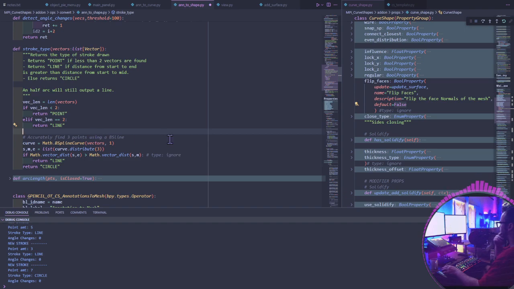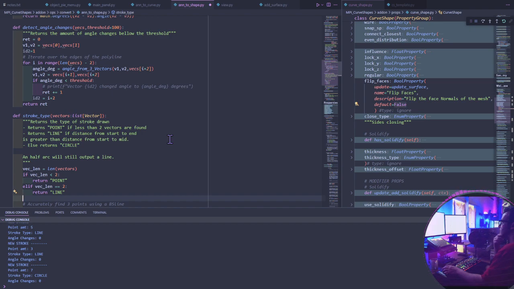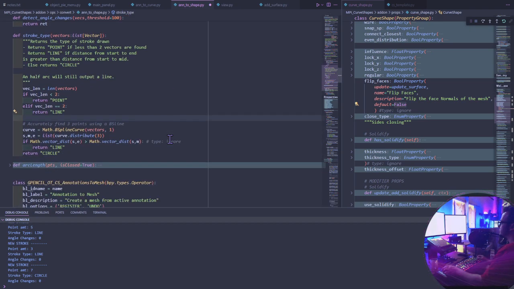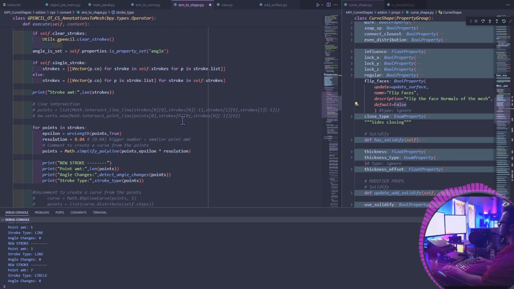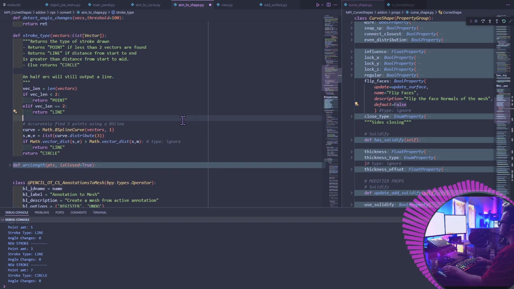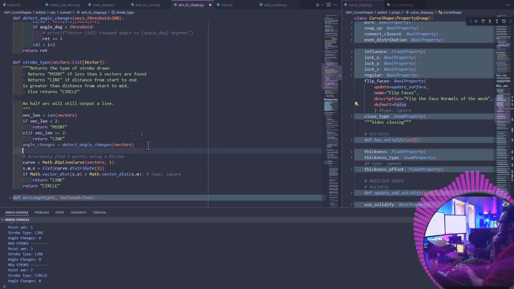Anyway, what I can do here is grab the angle changes. I am using that function, right? Detect angle changes, exactly. And this is going to tell me how many times the angle changed over 100 degrees.